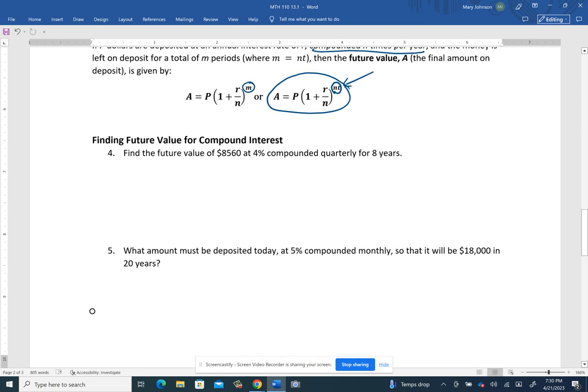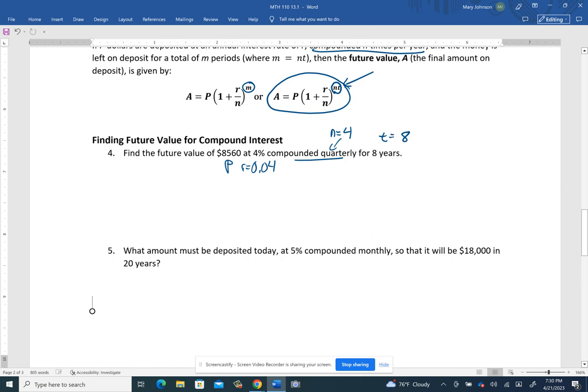So if we want the future value of the 8,560, if it's deposited in an account paying 4% compounded quarterly for 8 years, this would be our P. Our R would be 0.04. Compounded quarterly would mean that the number of times in 1 year they would compute the interest is 4 times, and T would be 8.